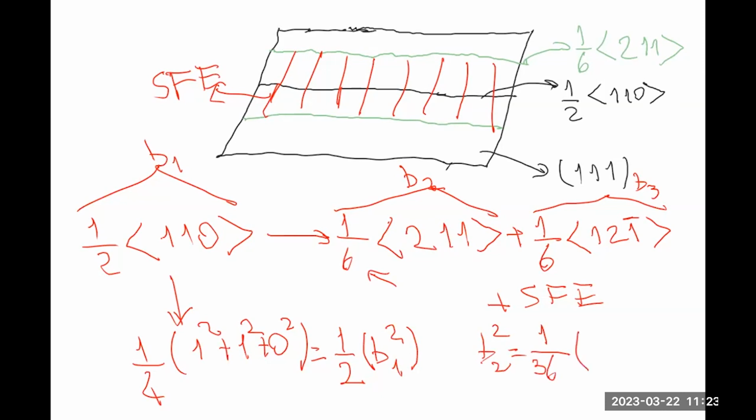Perfect. 2 square plus 1 square plus 1 square, so b2 square is equal to 4 plus 1 plus 1, which is 6. 6 divided by 36 is 1 by 6.